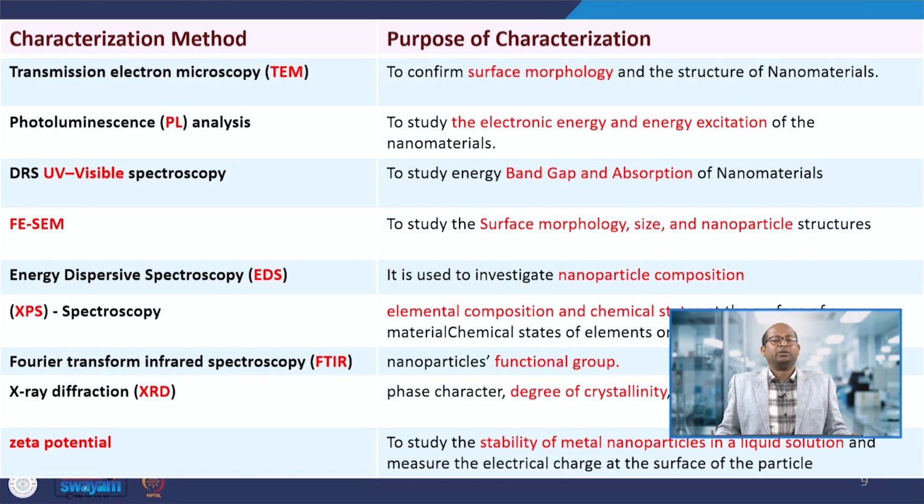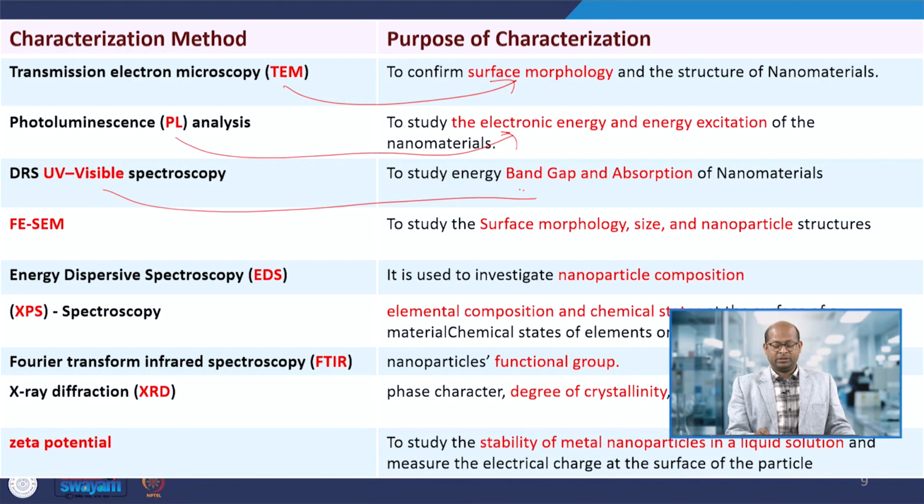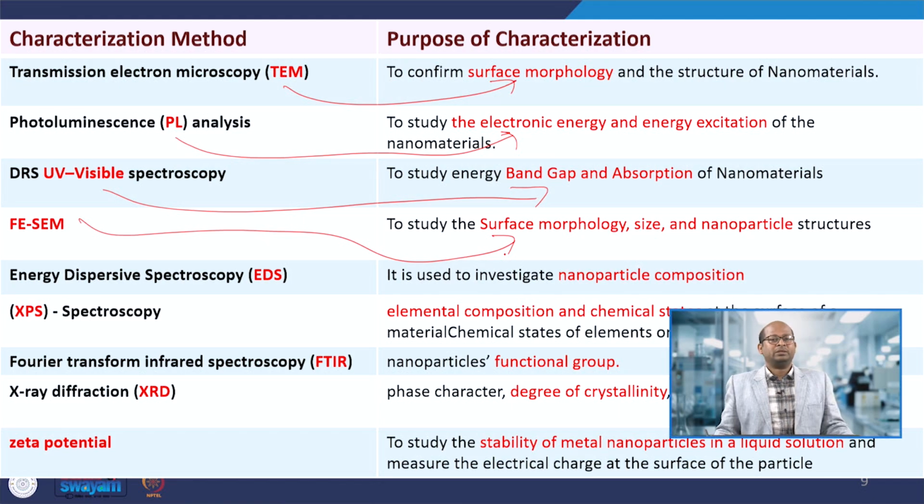Now, each particular method and its purpose of characterization. For whatever nanofilms, nanomaterials, or nanoparticles we develop, with TEM we can get surface morphology. With PL we can identify the electronic energy and energy excitations, and with UV, as I said, the band gap or absorption of that material. With AFM images, we get surface morphology, size, and nanoparticle formation.